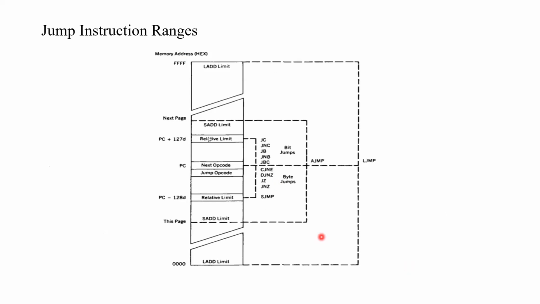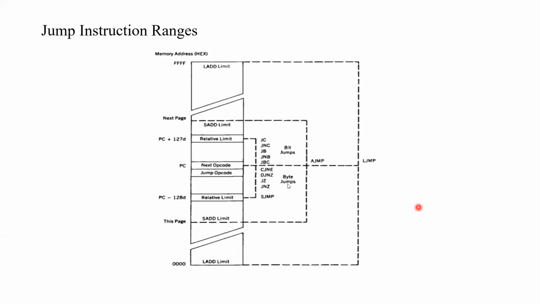Here we have the relative range, the relative jump or relative call. This is one page, which is the short absolute range. And this range, from 00 to FFH, is our long absolute range.